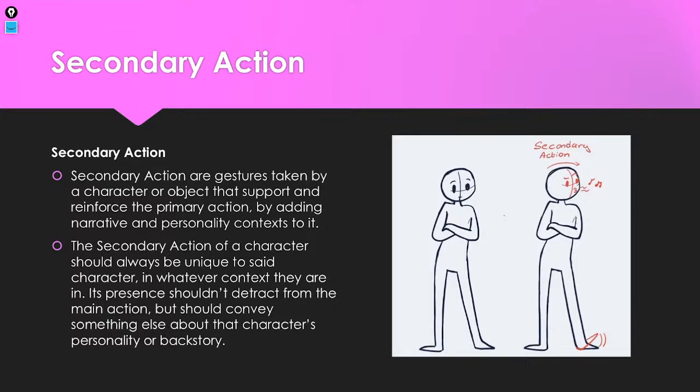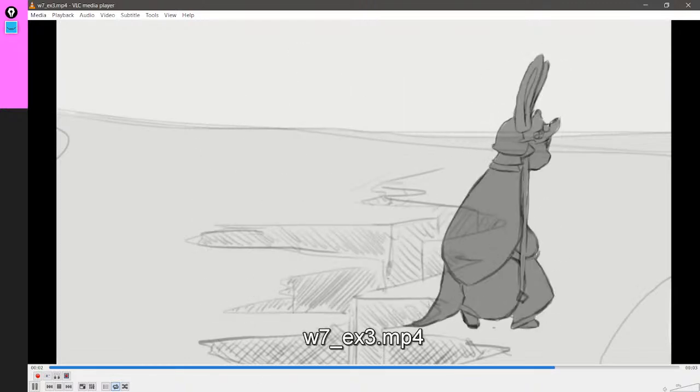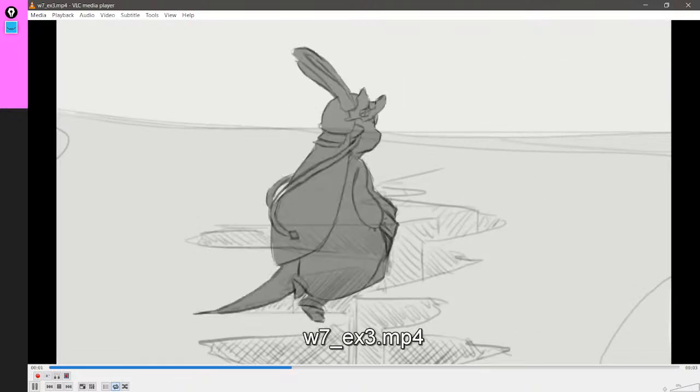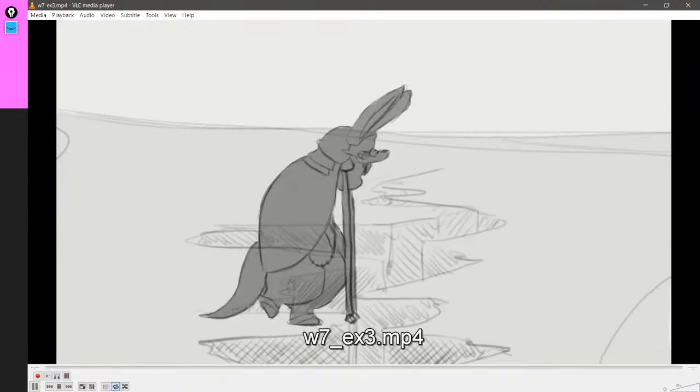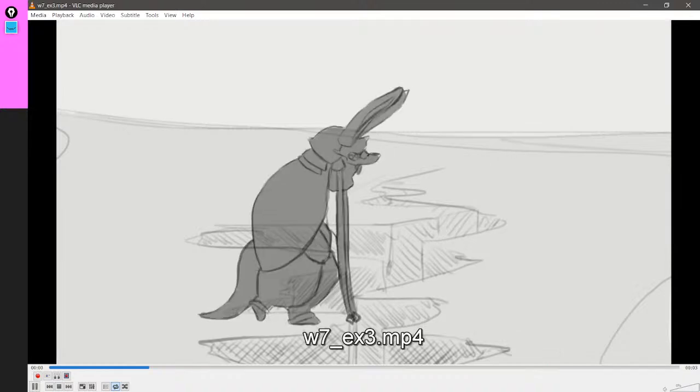And the difference from overlapping action is that overlapping action always exists as a consequence of the primary action. So when we look at this, and we look at the tail and the ears and the little dangly bits, all of those are overlapping action.